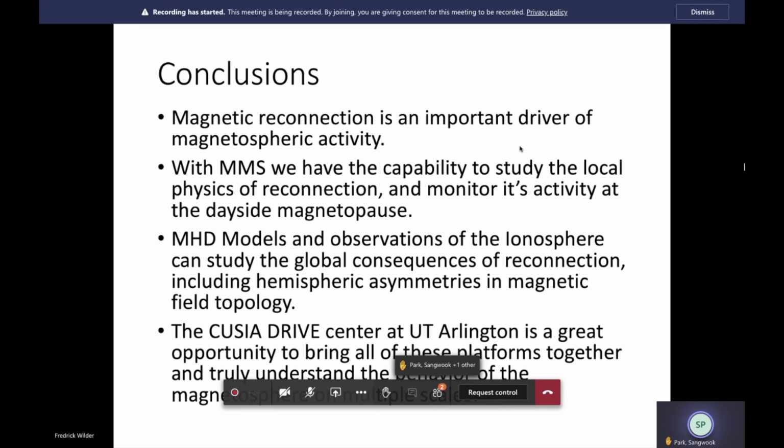So probably it's a little bit off-topic, but I was just curious if you can work on the electromagnetic radiation spectrum coming out of those magnetic reconnection activities that we can observe outside of the magnetosphere rather than inside of the magnetosphere.